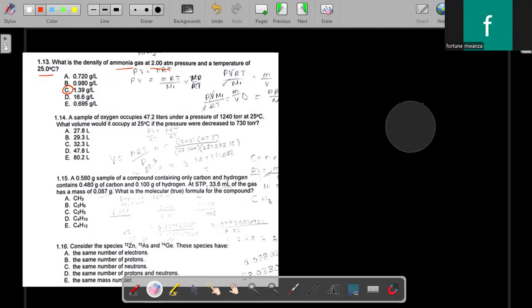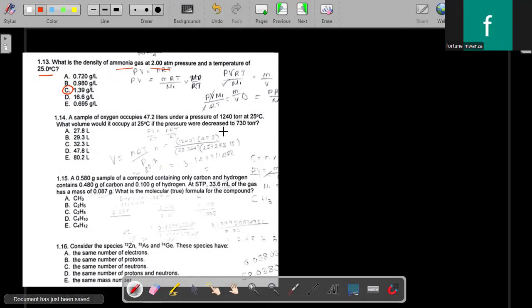So let's go to question number 14. My question number 14 is saying a sample of oxygen occupies 47.2 liters under pressure of 1240 torr at 25 degrees Celsius.